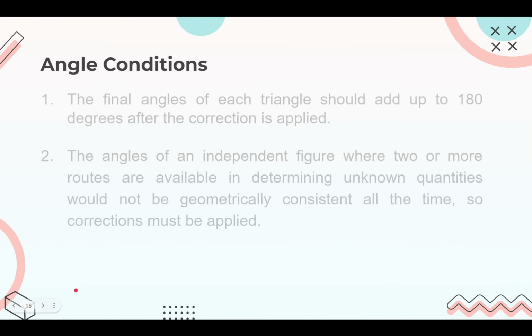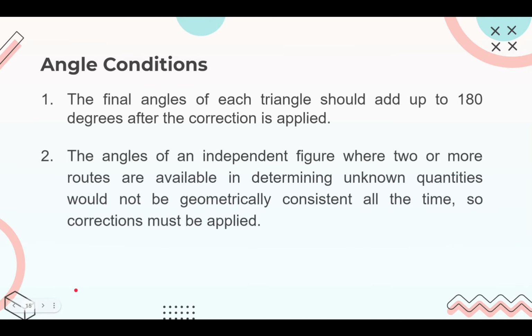So, there are a number of geometrical conditions which the angles of any triangulation system should fulfill. For instance, the shape of a triangle may be completely determined by two angles alone. Therefore, the measurement of the third angle is superfluous.